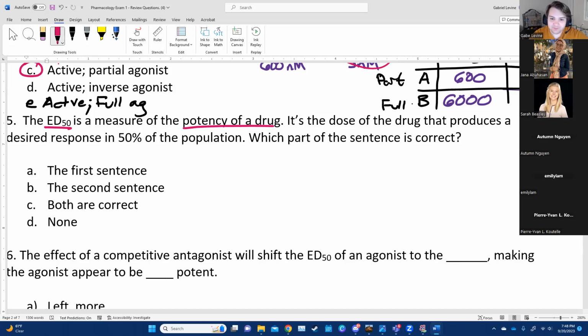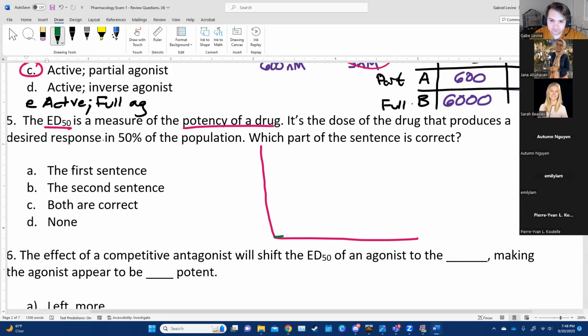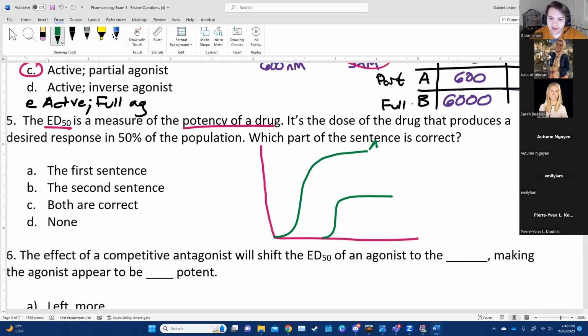So for example, if we had a dose response curve, so we have A and we have B, the only way that we are able to compare the potency of these drugs is due to the ED50, right?